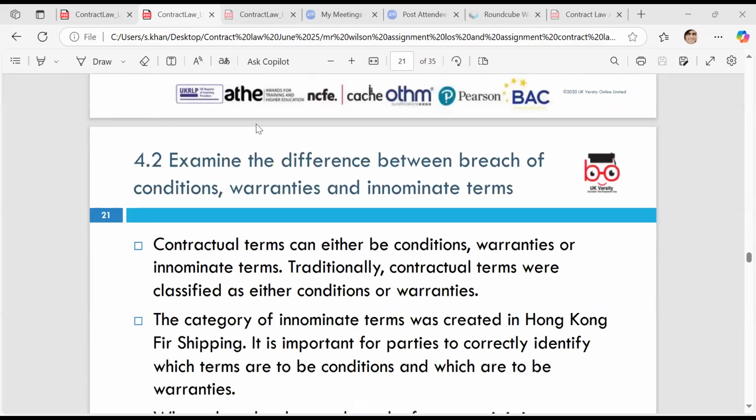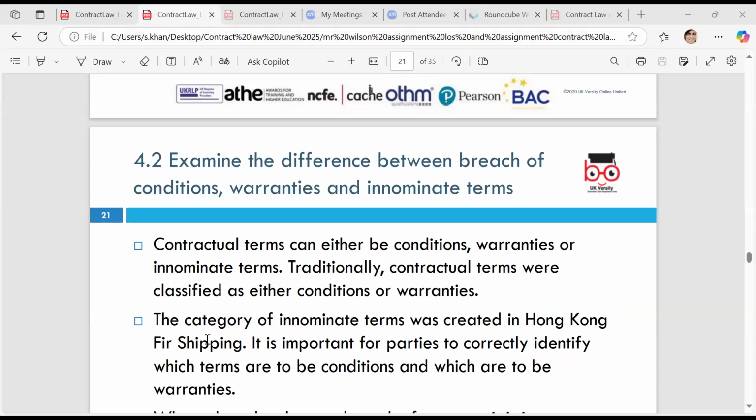4.2, examine the differences between breach of conditions, warranties, and innominate terms. In contract law, conditions, warranties and innominate terms determine the consequences of a breach of contract.